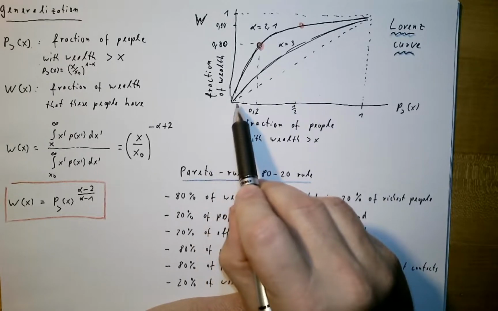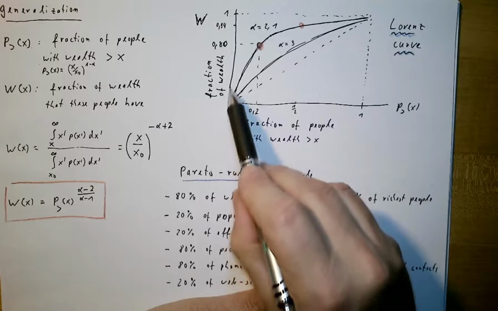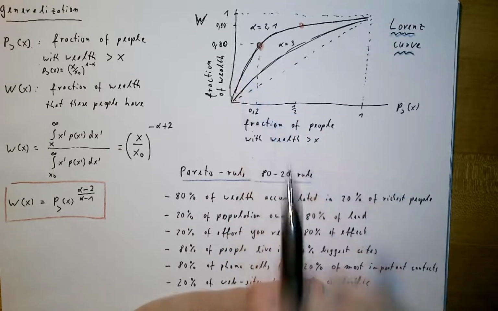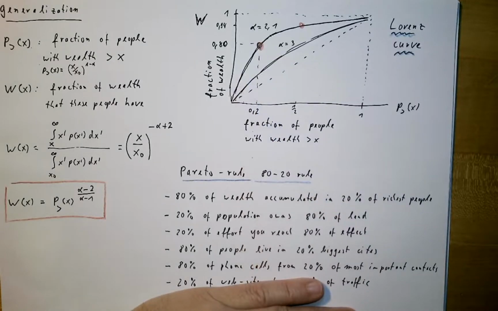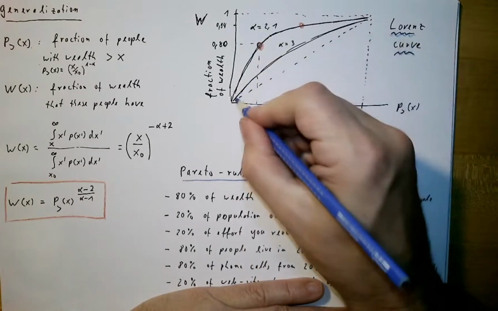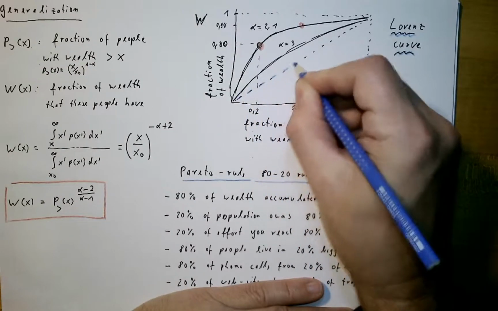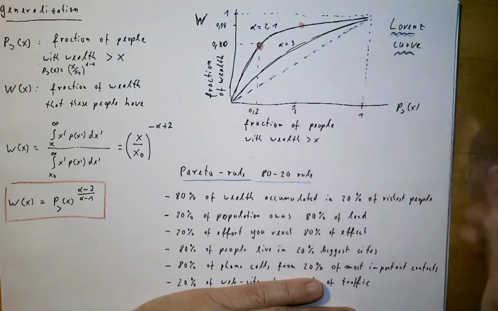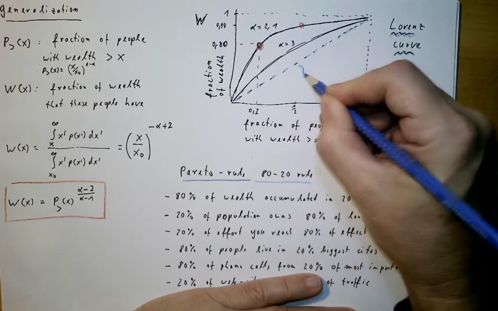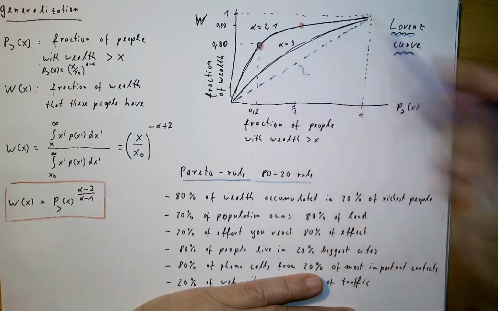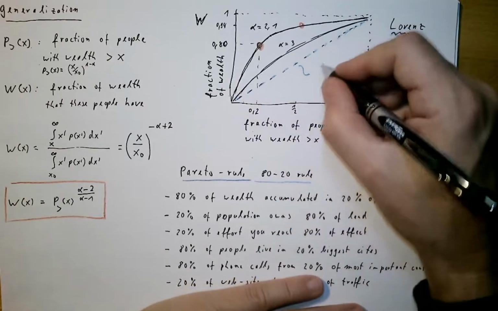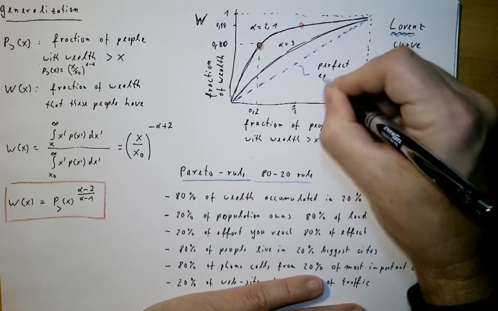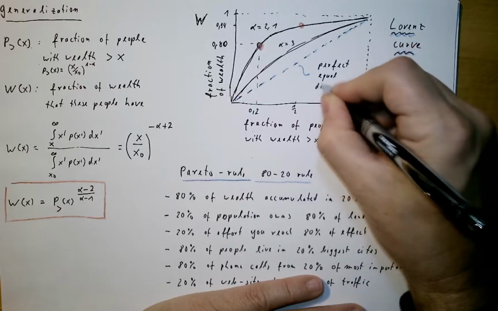And if you increase the fraction of people, you would also get linearly more wealth with the number of people. So this is our benchmark. This is a fully equal distribution. In the Lorenz curve, the diagonal is a perfectly equal distribution.